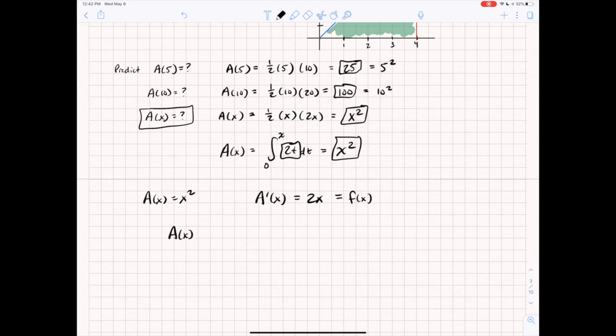Capital A of x is called the antiderivative, because a prime is equal to lowercase f. Right? This is the main definition for antiderivative, which, if you recall, just means to work backwards. Right? If I'm given a function, what did I derive that gave me that function?